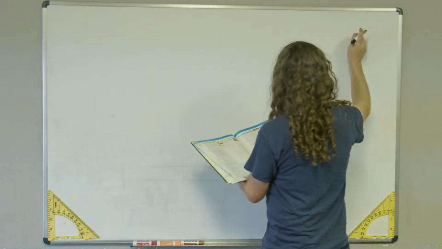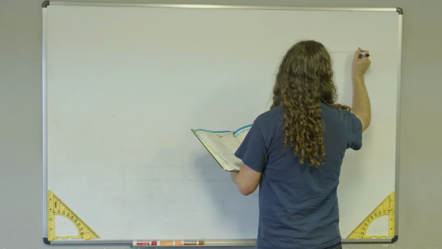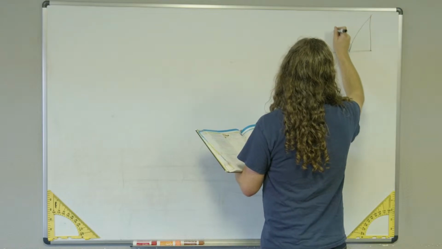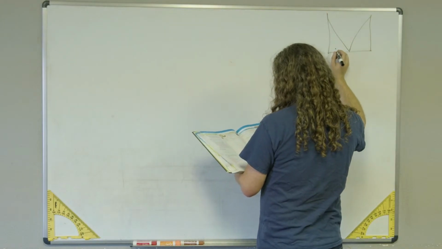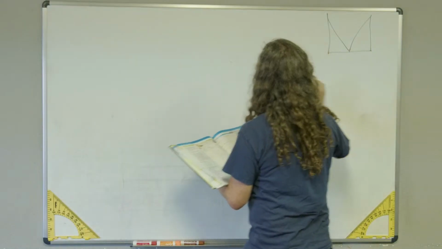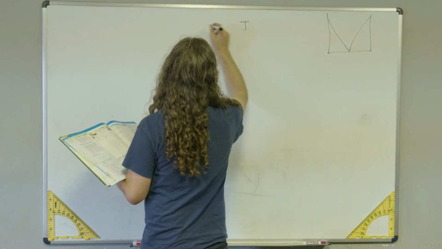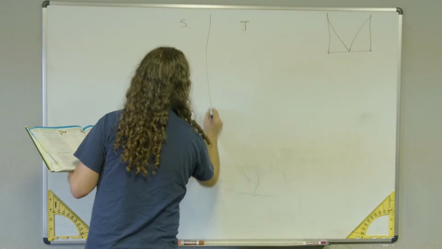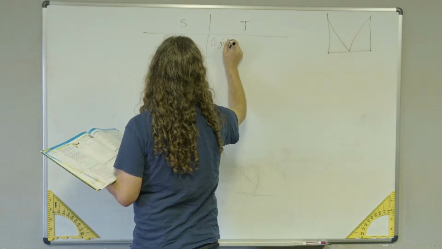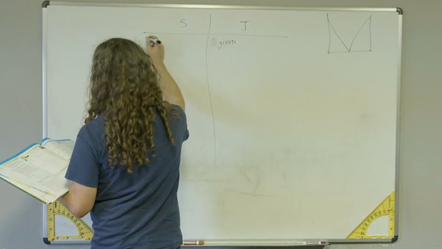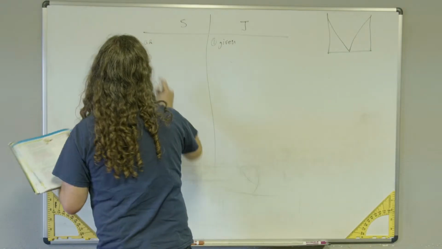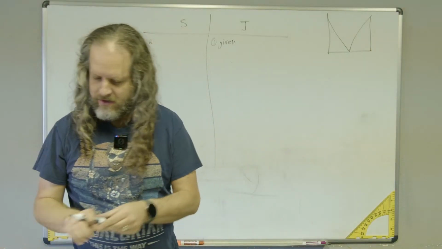Let's draw our little picture. We've got this shape. Those lines are straight. I said they are. Let's see. QR, we are given that QR, time to retire this marker.